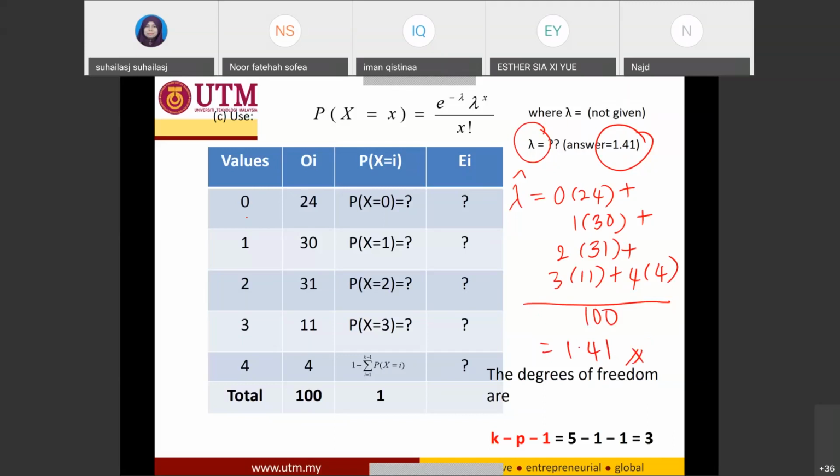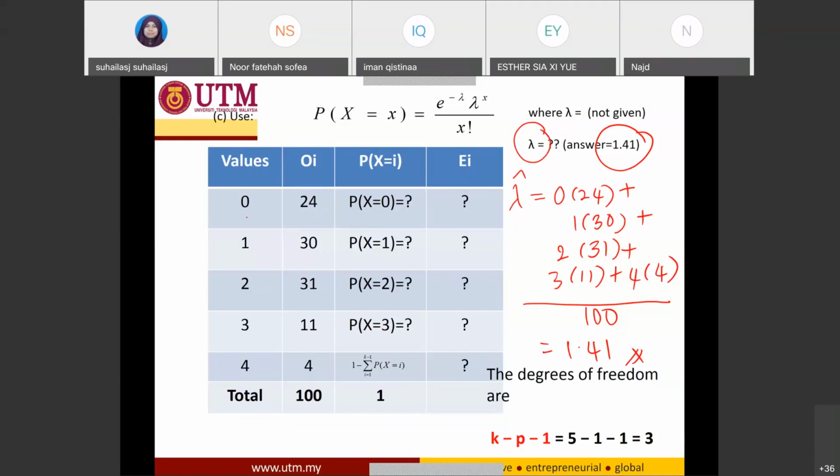So 1.41. That is the method of how you estimate a new lambda, so it will be lambda hat. Parameter to be estimated, we only have one parameter. Why one? Because this is a Poisson distribution, we only have lambda. Normally the parameter to be estimated is for Poisson, because it is the simplest to compute for lambda.